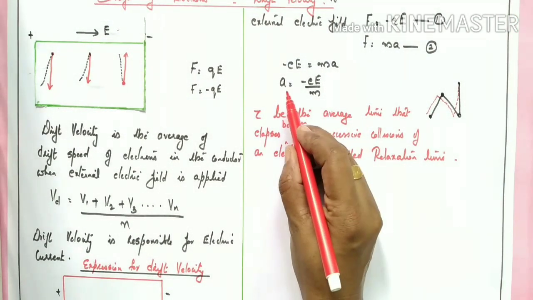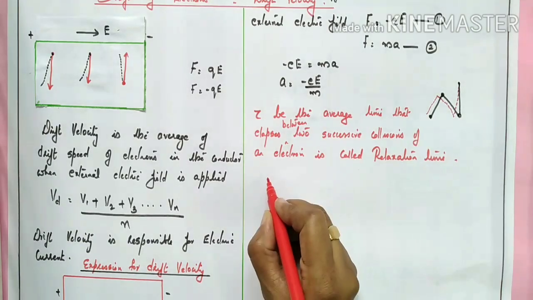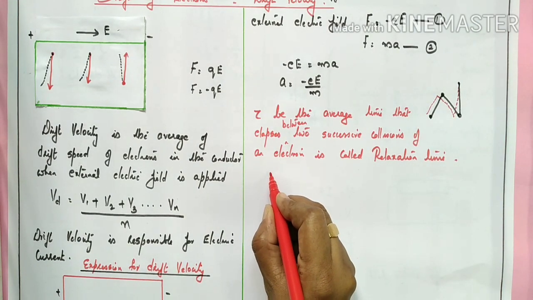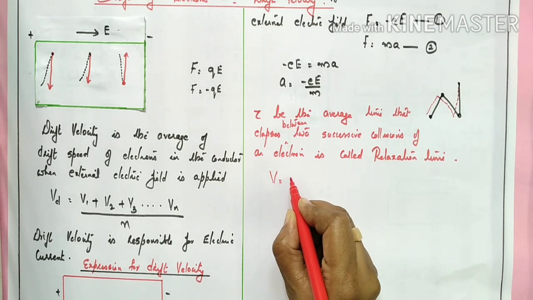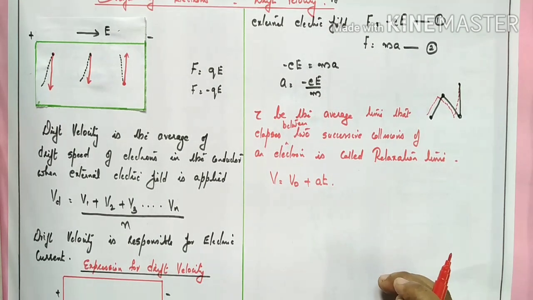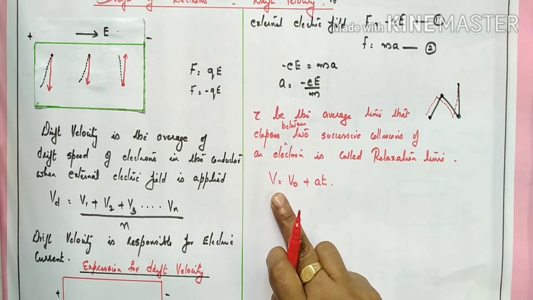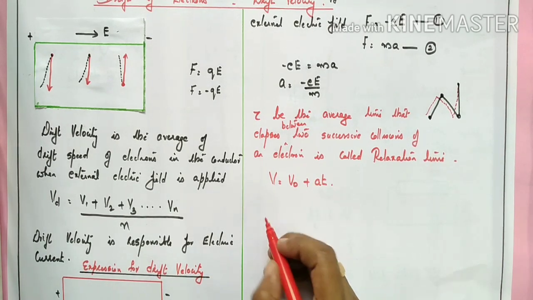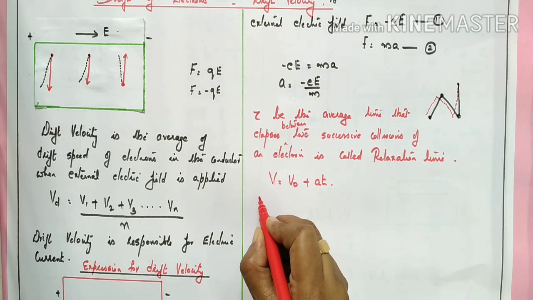Now, since the electron has acceleration, we can apply the equation of motion. The first equation of motion is V equals V0 plus AT. If you take the average, V represents the average velocity, which is called the drift velocity.